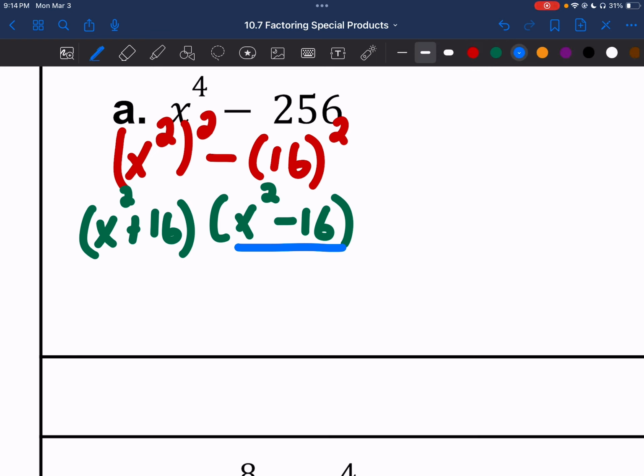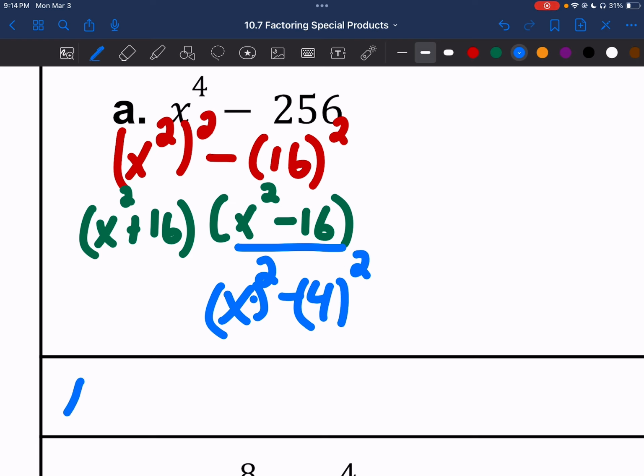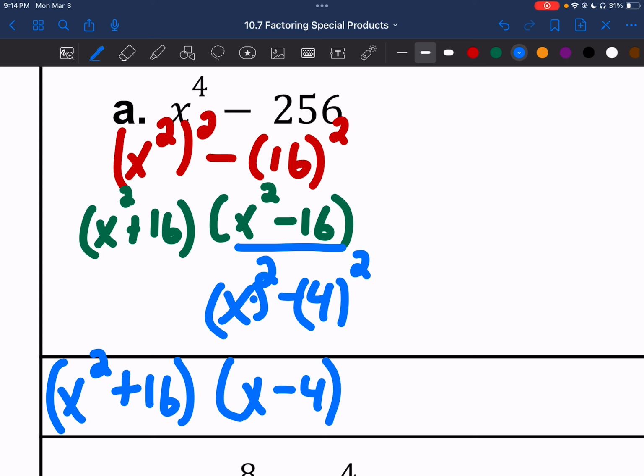So now we've got x being squared, and we have minus 4 being squared. So you have x squared plus 16, right? We're bringing that down from above. And then we have (x minus 4)(x plus 4). So you're going to need all three terms for that one to be correct.